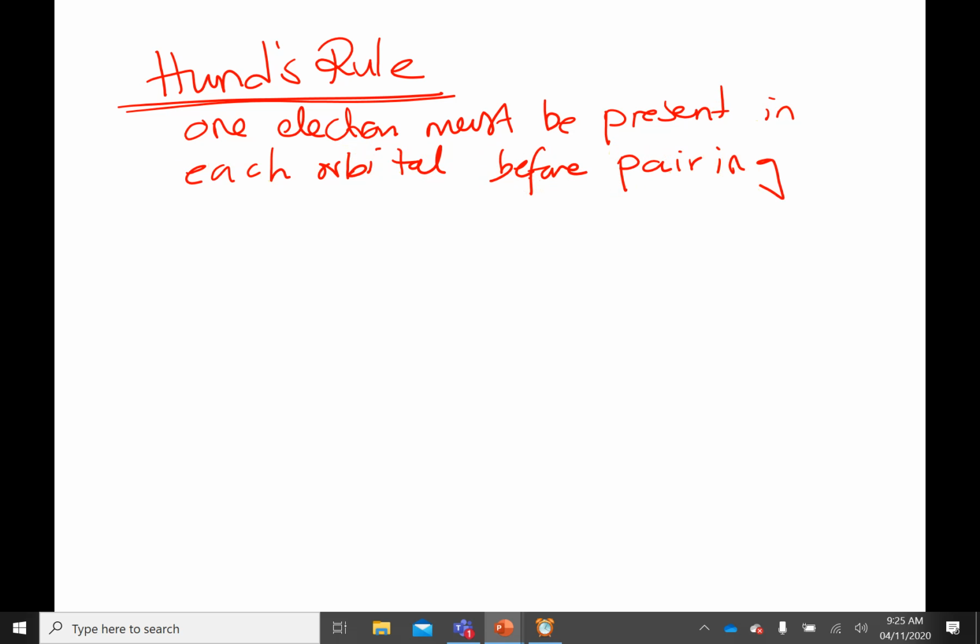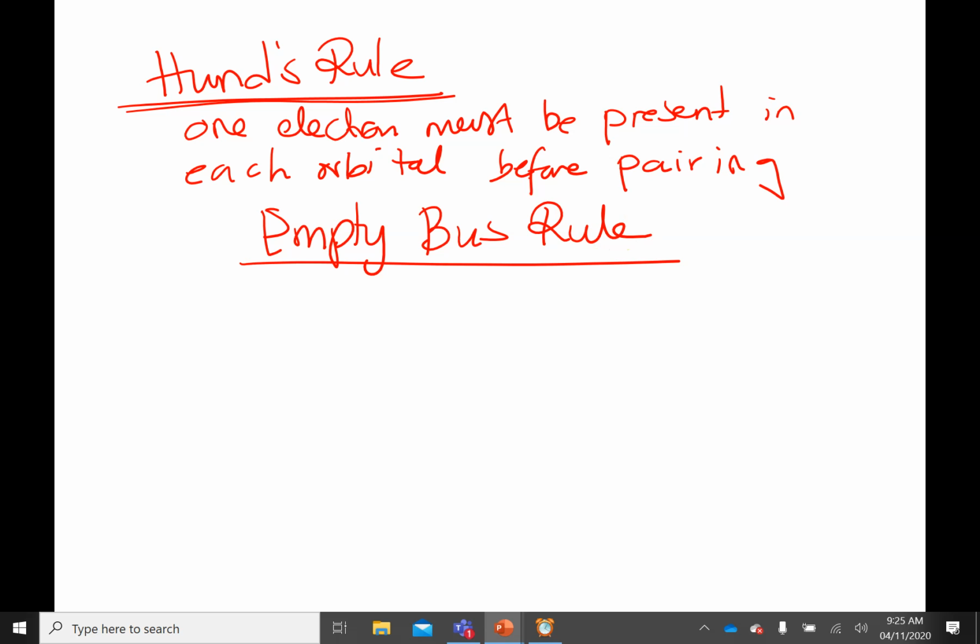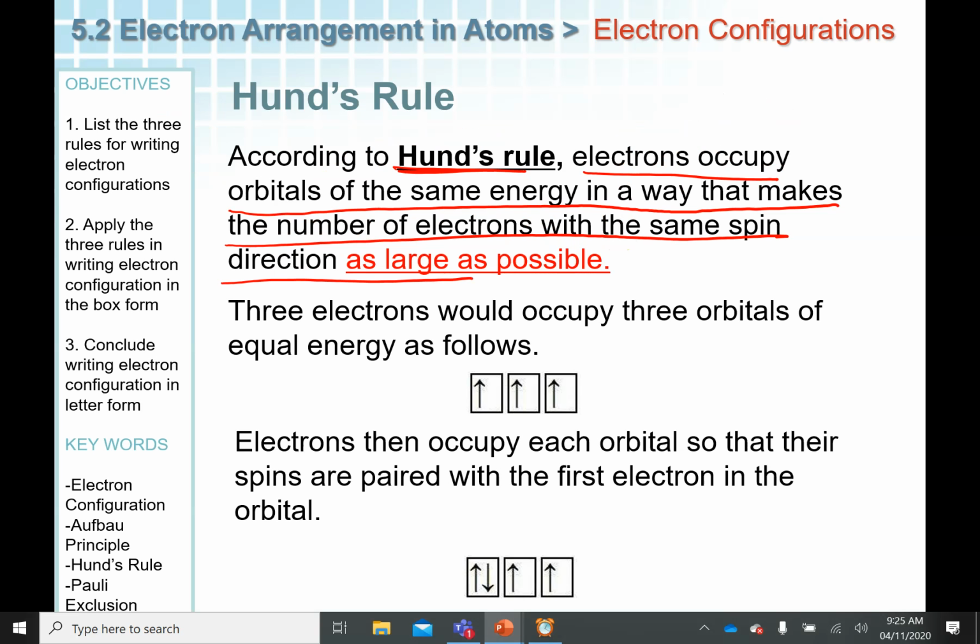So an analogy for this is the empty bus rule. Whenever you go to a bus, this rule says a student must sit in an empty seat alone before sitting with another student.